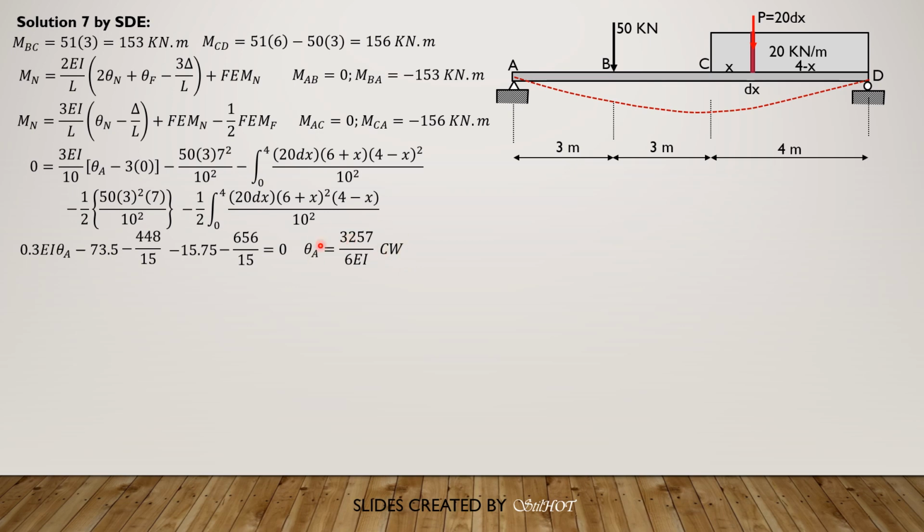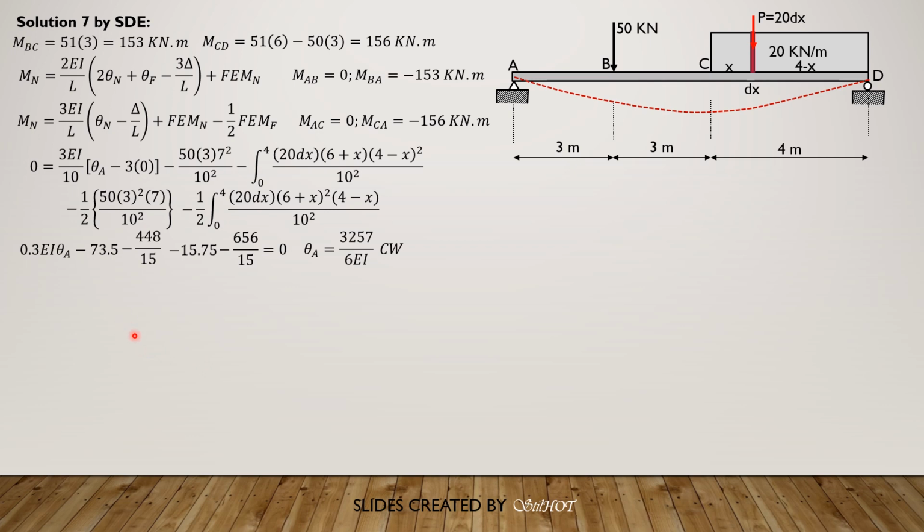This is clockwise because the sign convention for slope deflection is clockwise positive. But the actual value of theta is negative because the correct sign convention is counterclockwise positive. So in other words, this is negative if theta is being asked, and we have to finalize our answer.